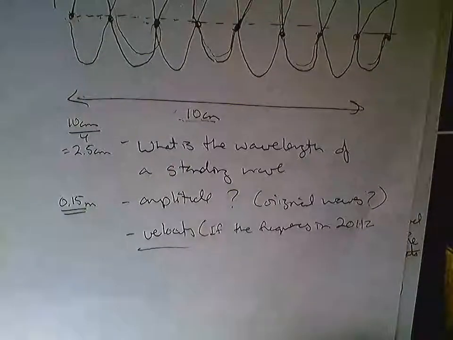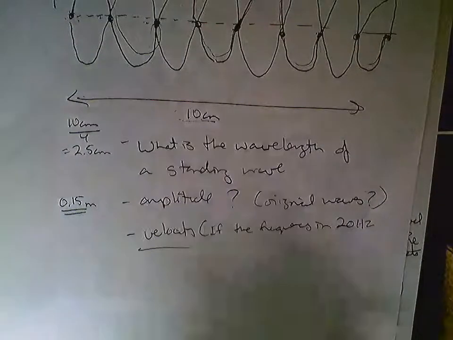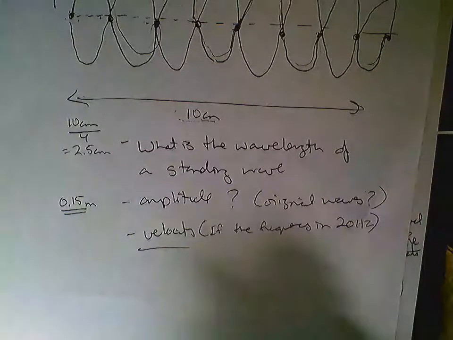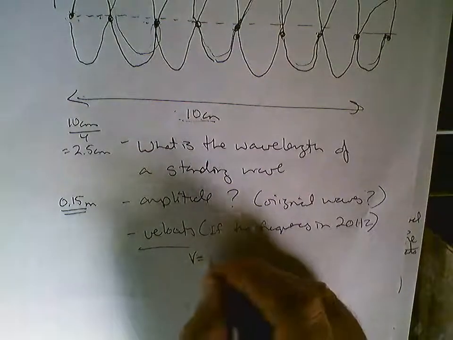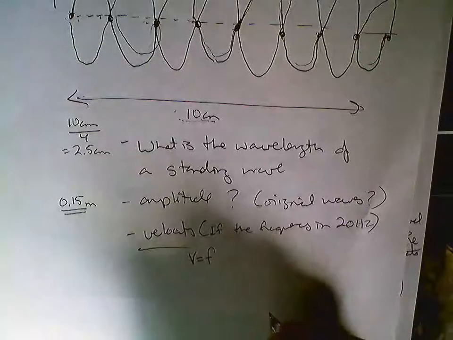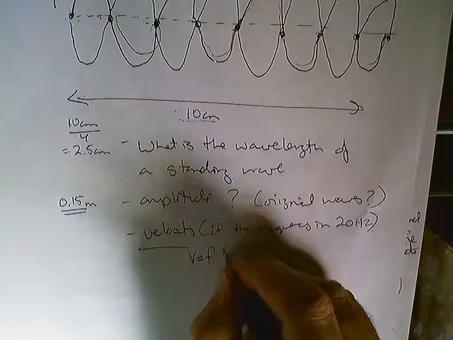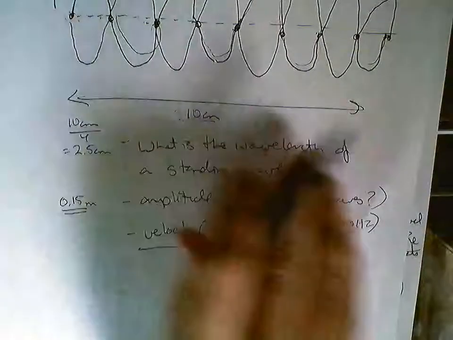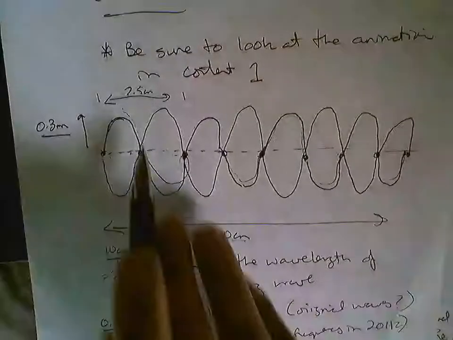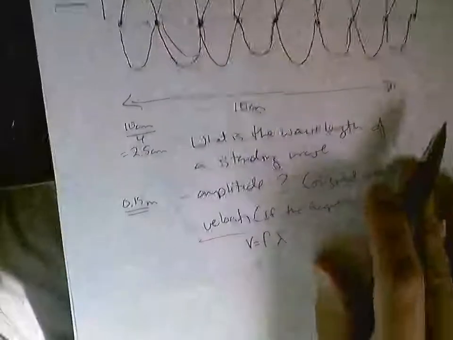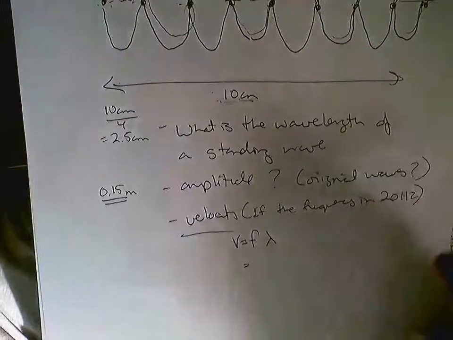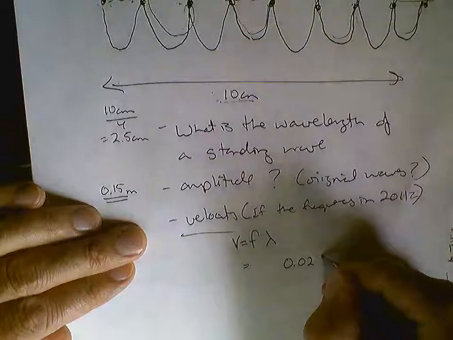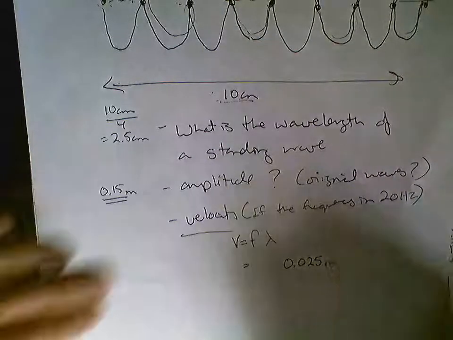Now, what if we ask the question, what is the velocity of this wave if the given frequency is 20 hertz? Well, we know from earlier that velocity equals frequency times wavelength. We have a wavelength of 2.5 centimeters, so we wrote that down. Now, what you have to understand here is we have to use meters. So that's 0.025 meters.